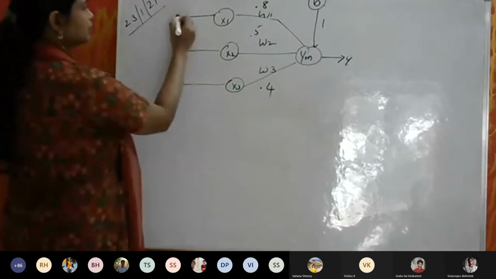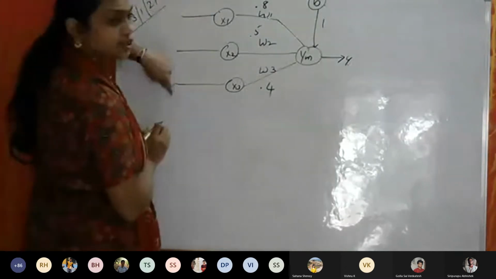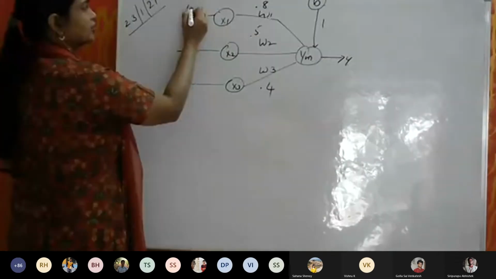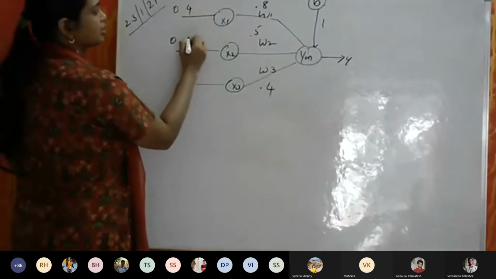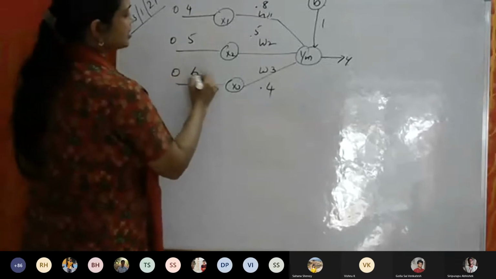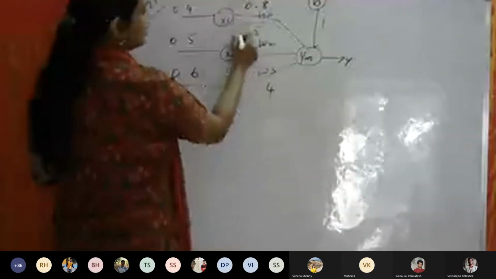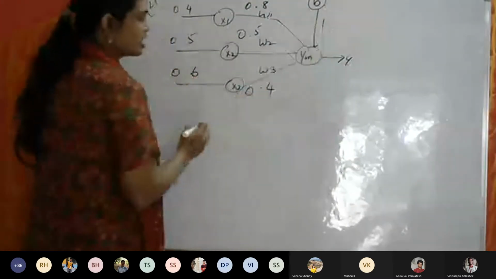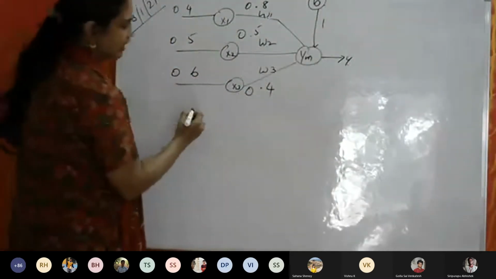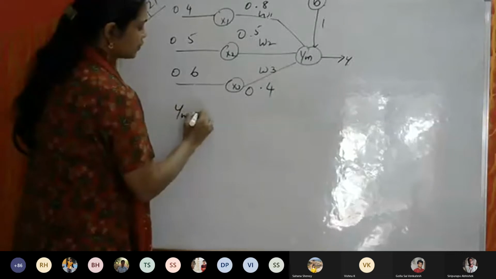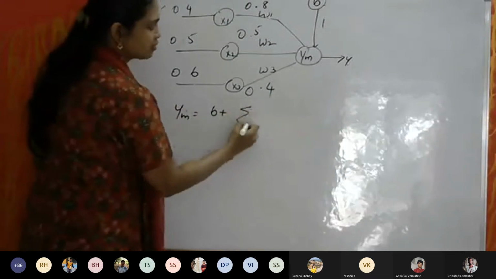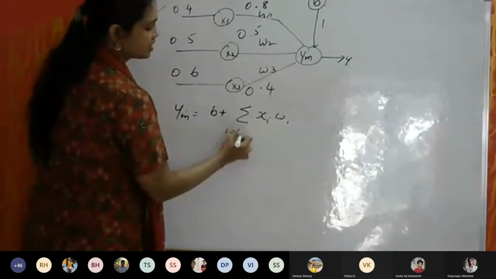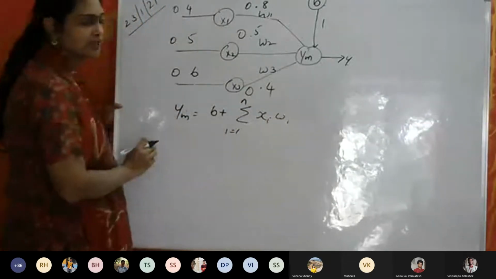Suppose I give the inputs x1, x2 and x3, for example, 0.4, 0.5, 0.6, and the weights are 0.8, 0.5 and 0.4, and this b is 1. So as per the equation of the line, y_in is equal to b plus sigma xi into wi, where i runs from 1 to n, the number of inputs.